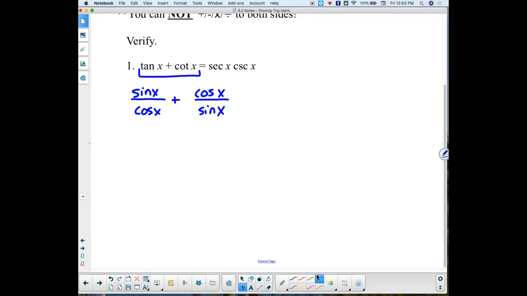What are we thinking? Common denominator. What common denominator would you like to go with? Need to have a cosine, right? Need to have a sine. So cosine sine. What's missing? Left one.